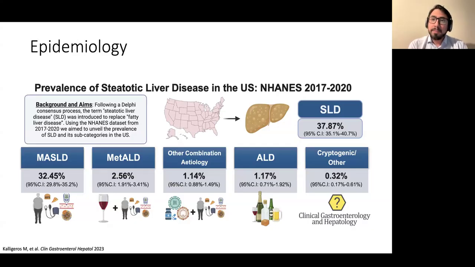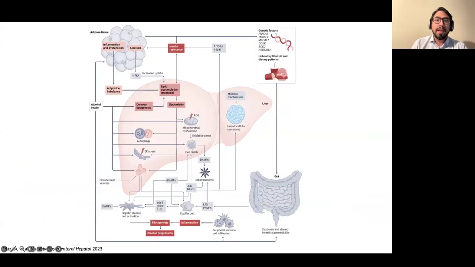In the same way, probably the same phenomenon happens with drug-induced liver injury. We're not looking at these patients, so probably the prevalence of steatotic liver disease due to drug-induced liver injury is underestimated in the overall population.